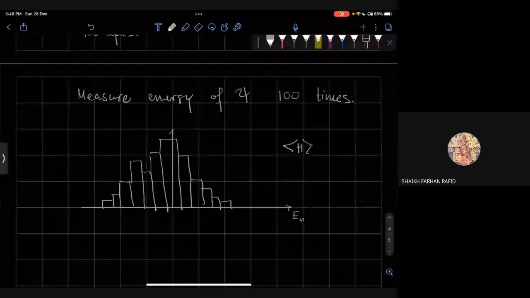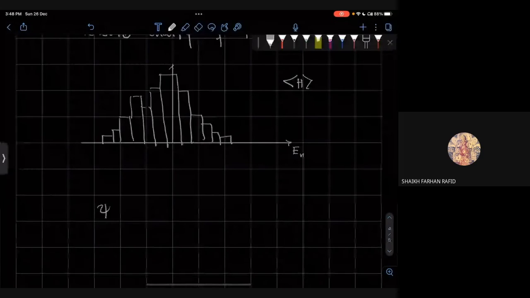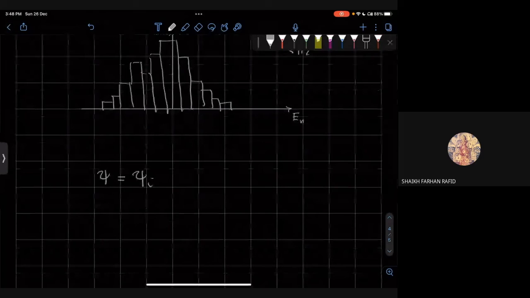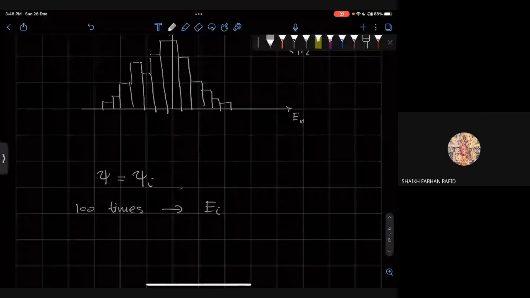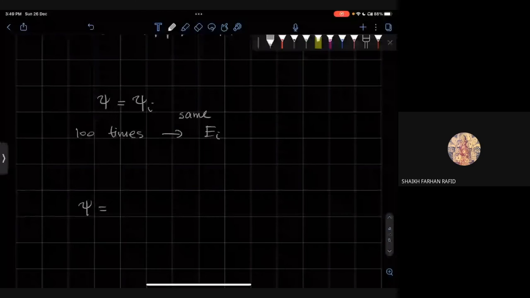If psi was one of the eigenstates, then if I measure 100 times, I'll get the same eigenvalue Ei. But a general psi can be written as a linear combination of the energy eigenstates.